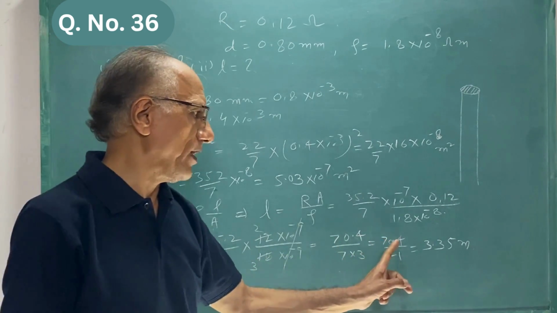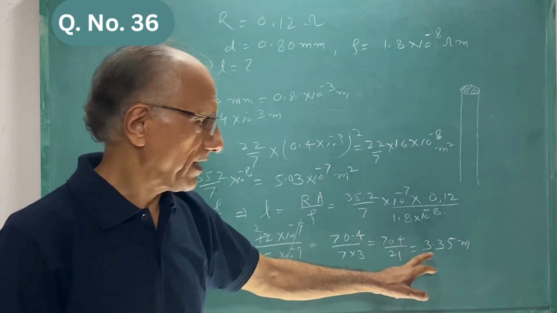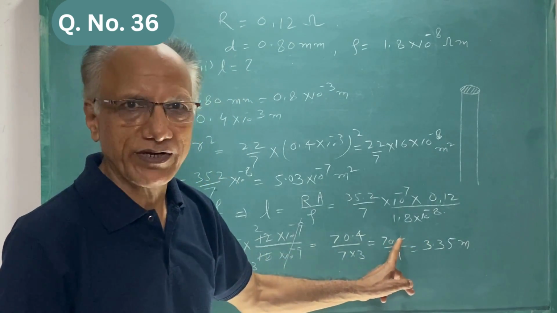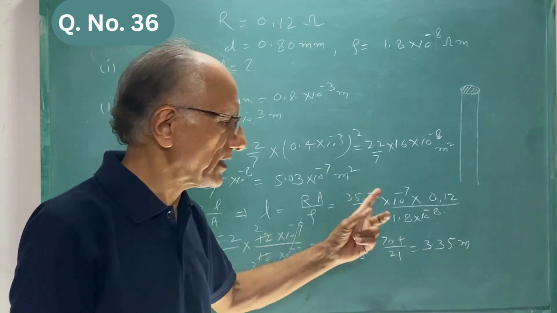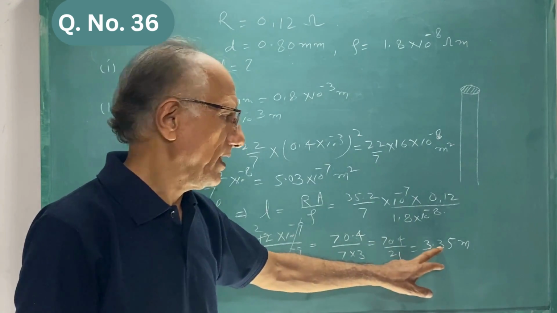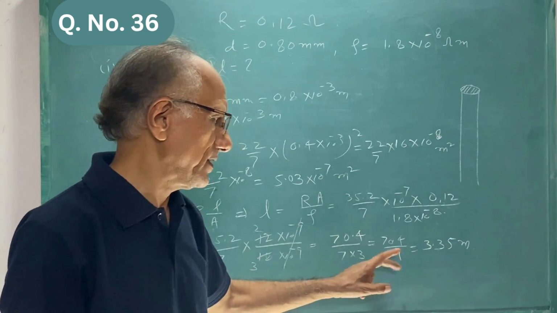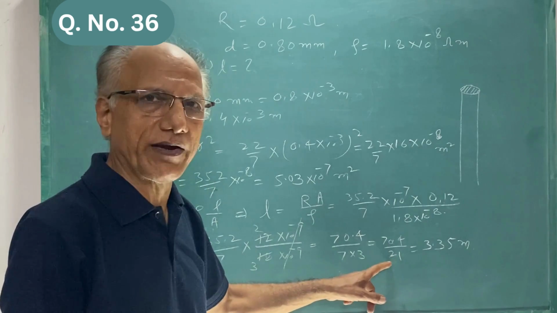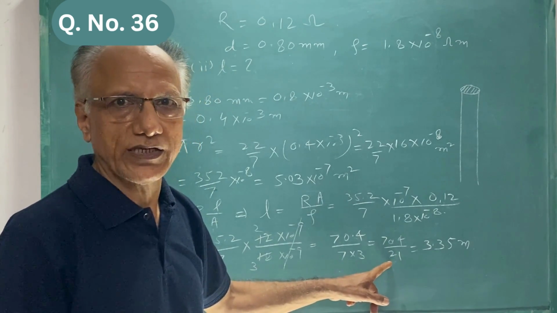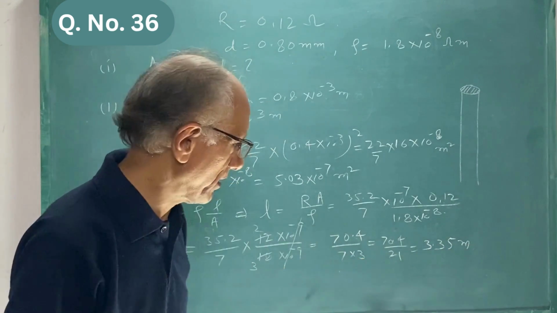So 70.4 divided by 21: 21 3s are 63, remainder 7, it becomes 74, then 63 again, then 11, then 110, and 5 1s are 5 and 5 2s are 10. So it is 3.35 meter.